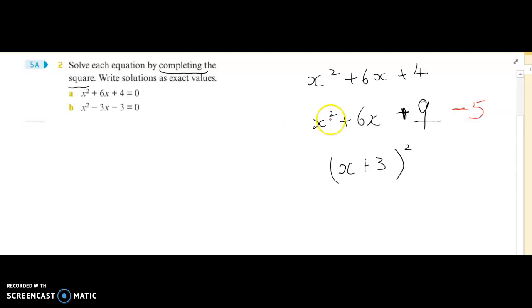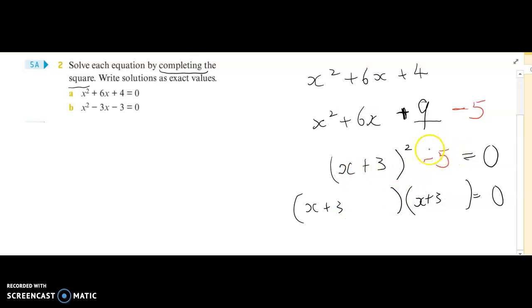And remember, the x squared plus 6x plus 9 becomes that perfect square, so we need to also transfer that minus 5 down below, and we now have completed our square. So we're now using the null factor law, and of course we're using DOPS, and what we want to do is create the difference of perfect squares, and the little trick there is x plus 3, x plus 3.